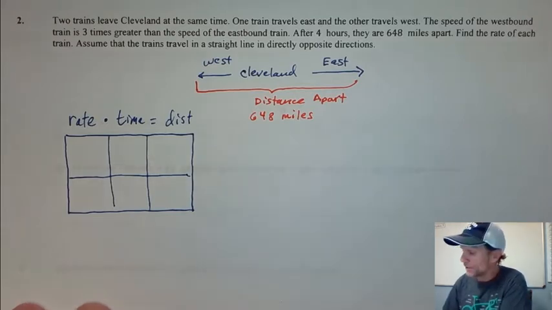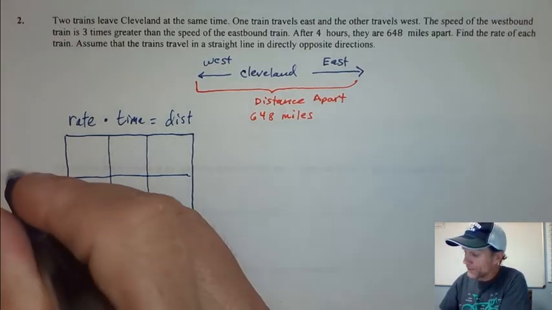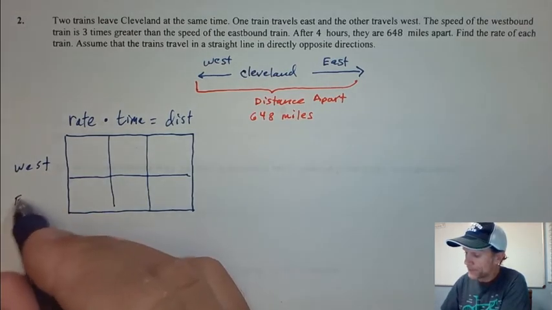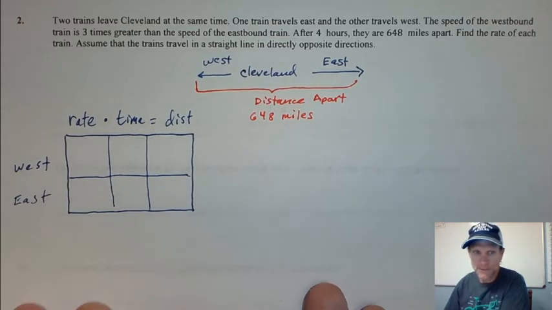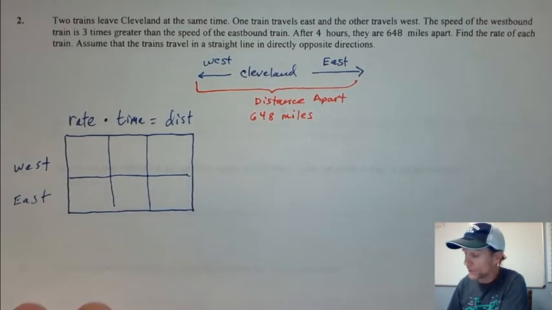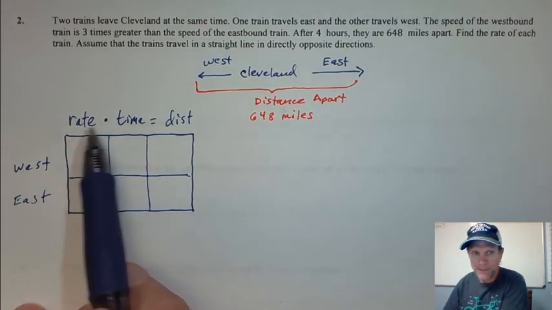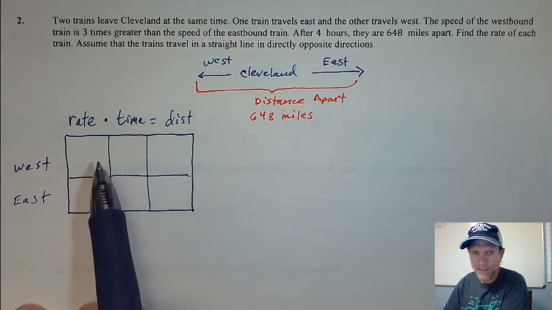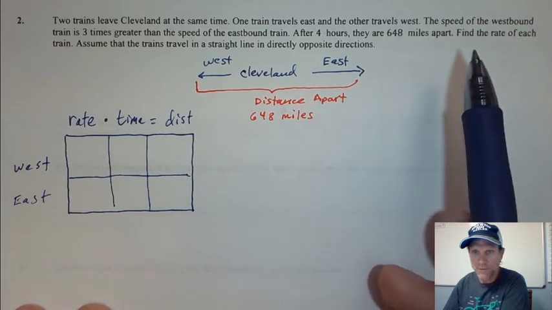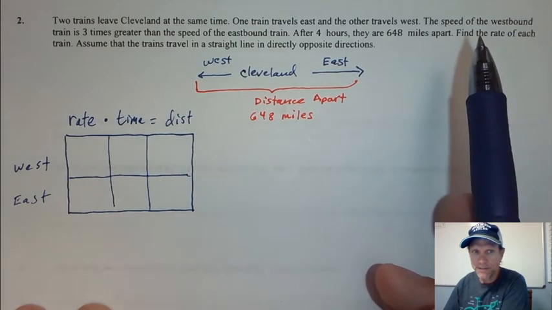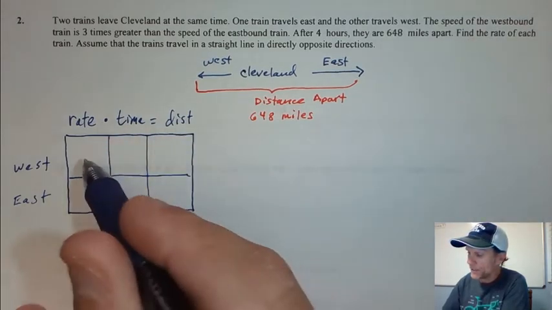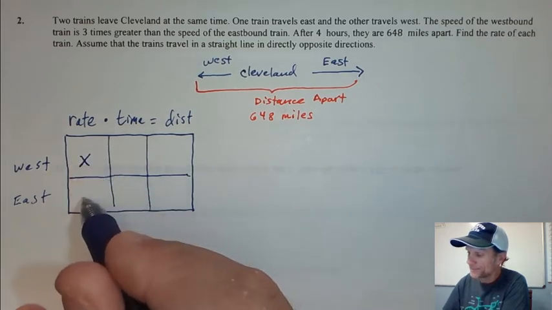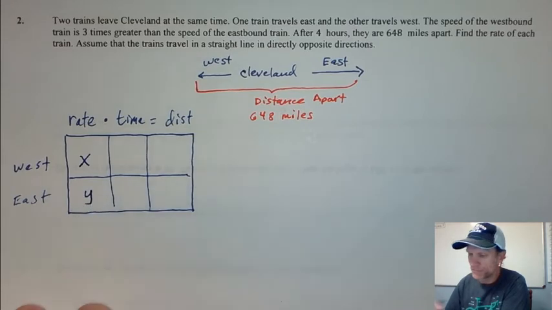So I'm going to use this little table method here. You might do it slightly differently, but this is a nice way to keep your information organized. Now remember that rate times time equals distance, and so I'm going to fill in the rate here. Since this is what we're looking for in this problem, find the rate of each train, and we want to stick along with module 9, I'm going to let these two unknowns be different variables.